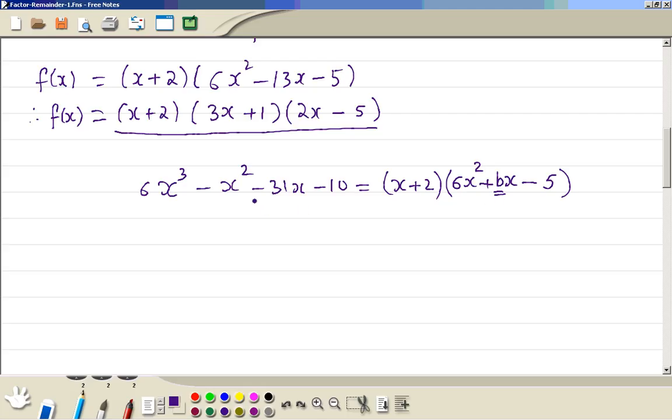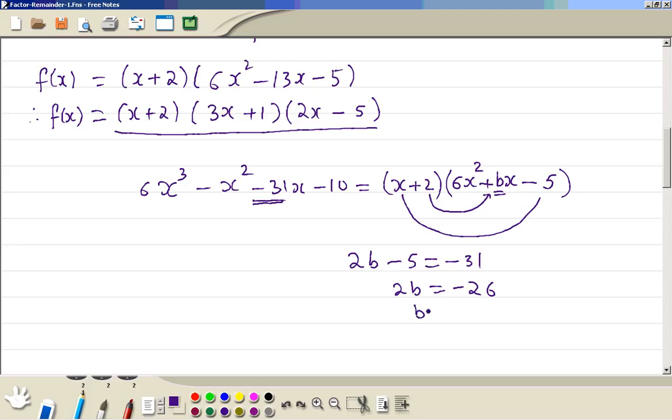The coefficient of x here is minus 31, and the x coefficient is going to come from 2 times b, or minus 5 times 1 here, and it's equal to minus 31. So 2b is equal to minus 26, therefore b is minus 13.